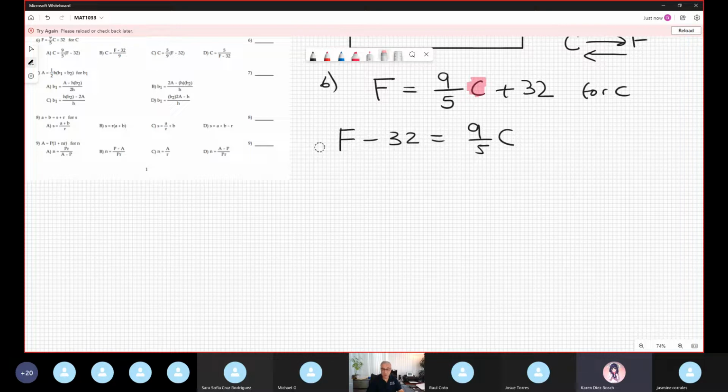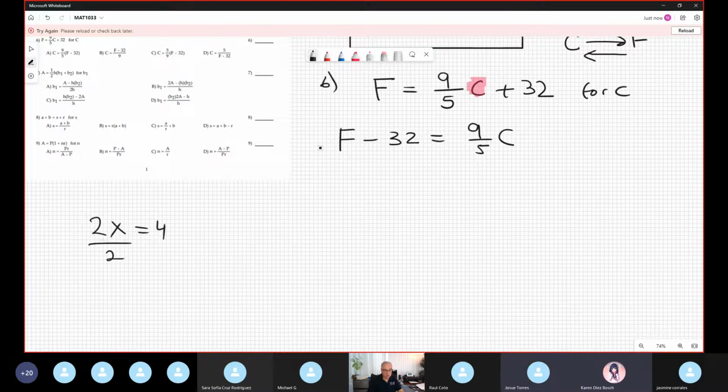Okay, now how do you eliminate 9 over 5? Because my goal is to isolate, solve for C. For example, suppose an equation like 2x equals 4. How do you eliminate the 2? What is the traditional way?